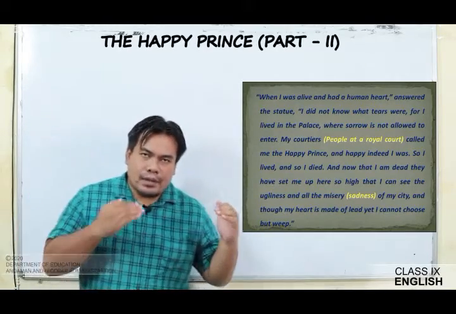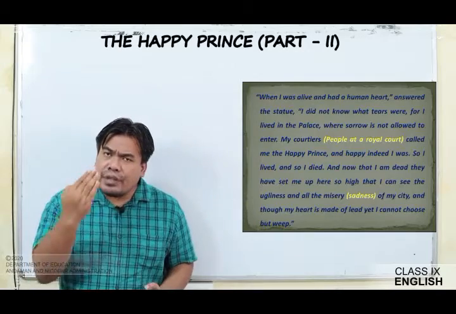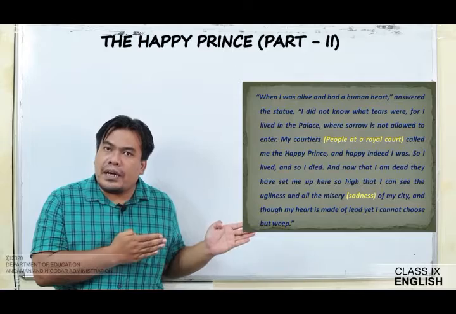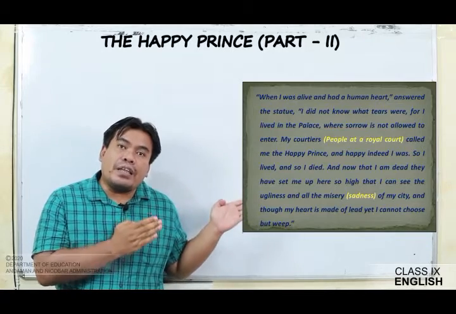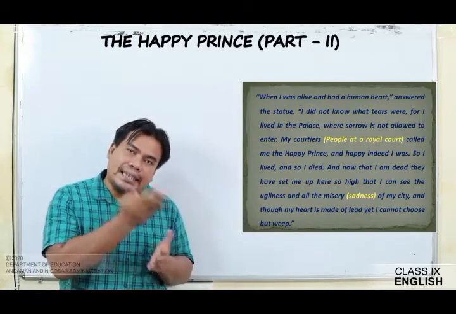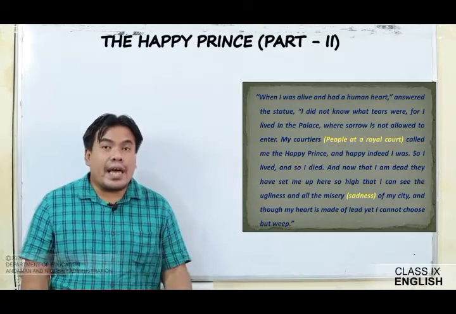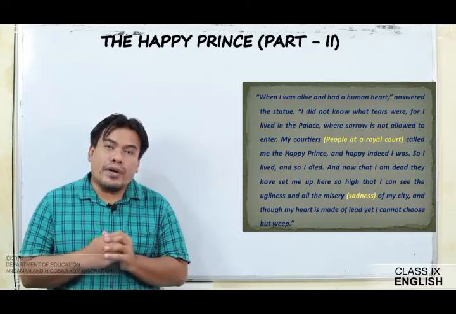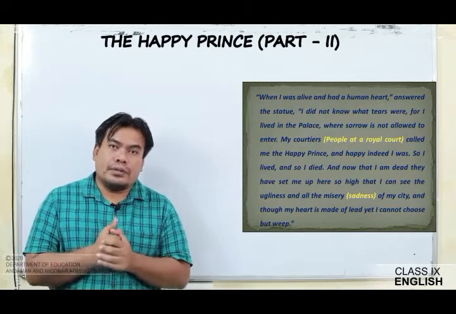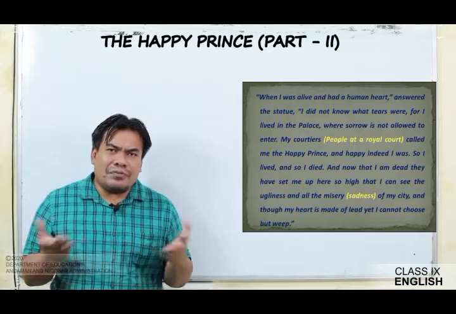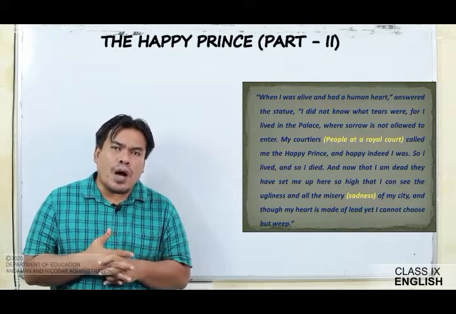Okay, fine. So here the prince is talking to the swallow, the little bird, and what the prince is telling the swallow is that when he was alive, he was a very happy person. He never went out. It was very rare for him to go out.